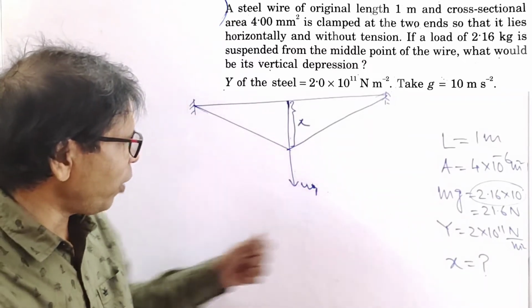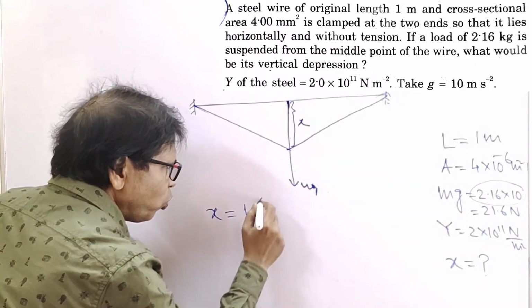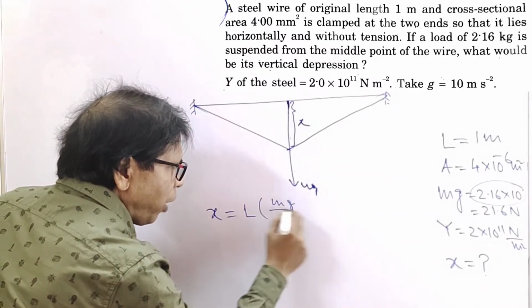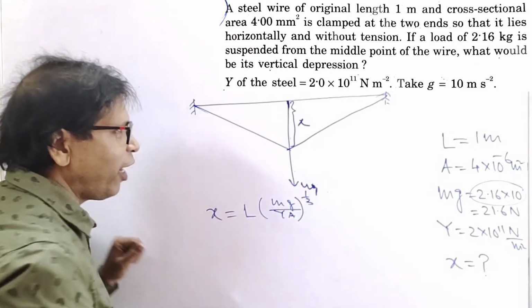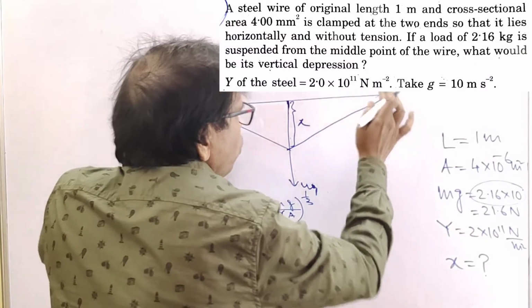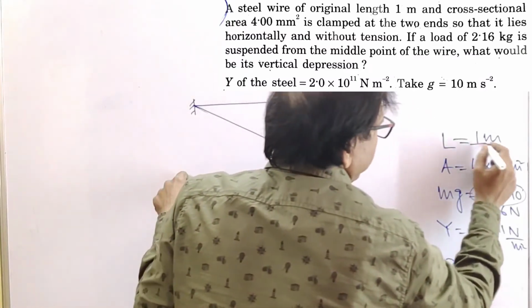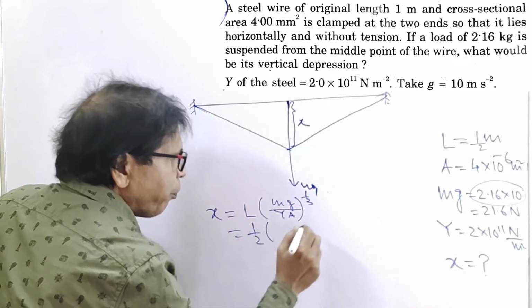Now the formula of vertical depression is x equals L into (mg by YA) to the power 1/3. Now this is the 2L, so L becomes half of its length. So this is half meter.